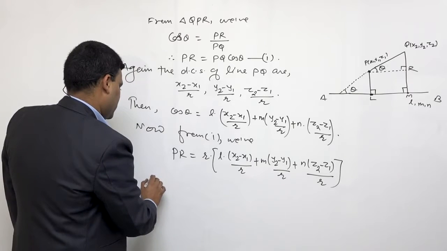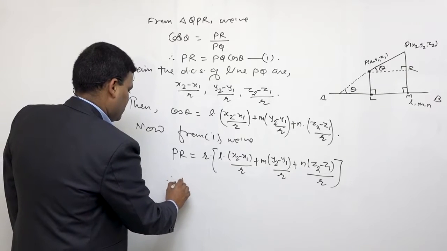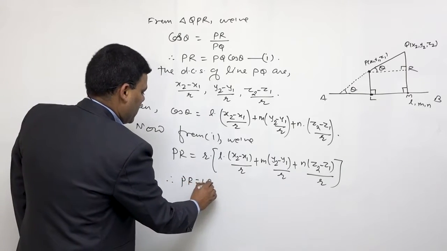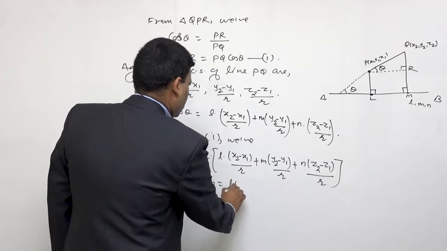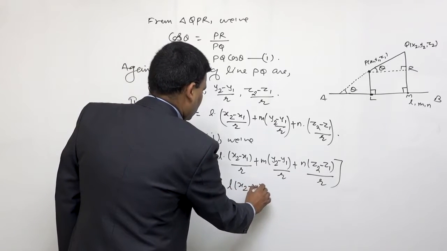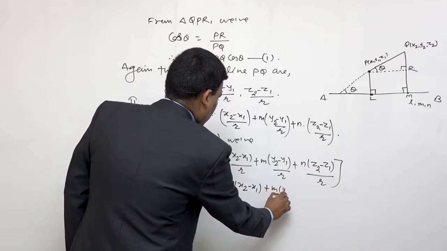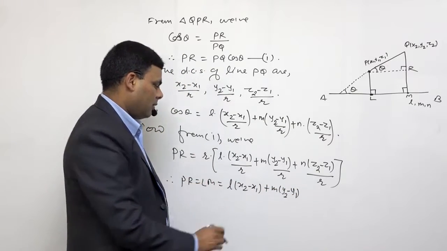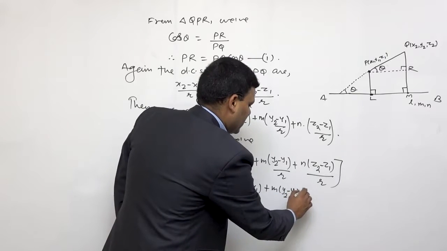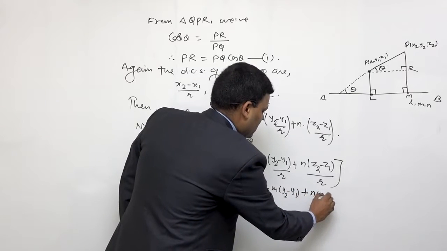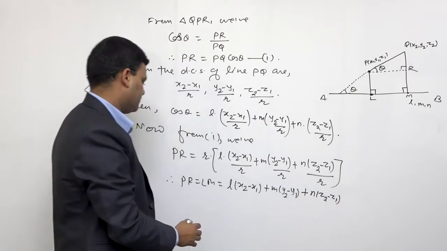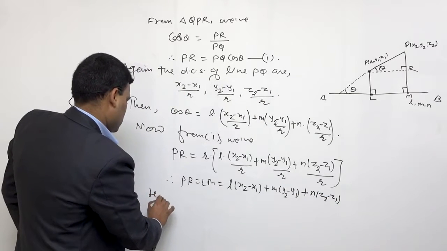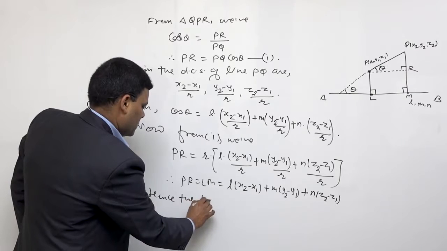On simplification, r cancels, yielding PR equals LM equals l into (x2 minus x1) plus m into (y2 minus y1) plus n into (z2 minus z1).